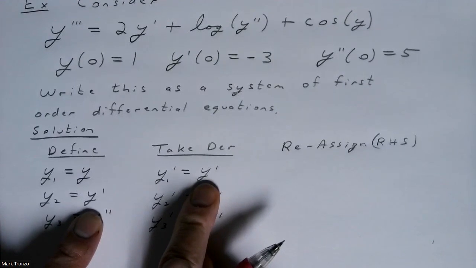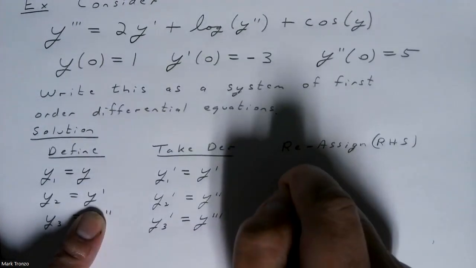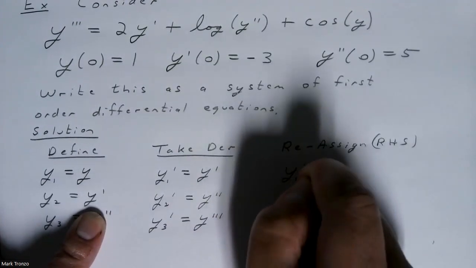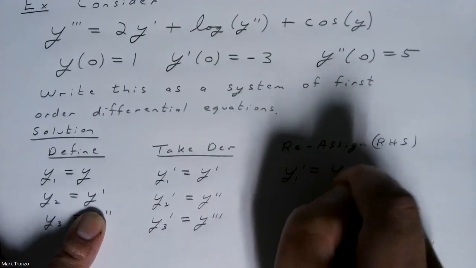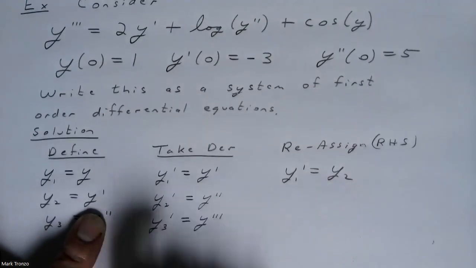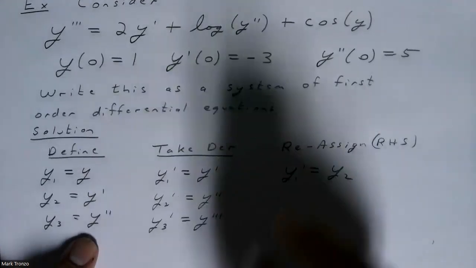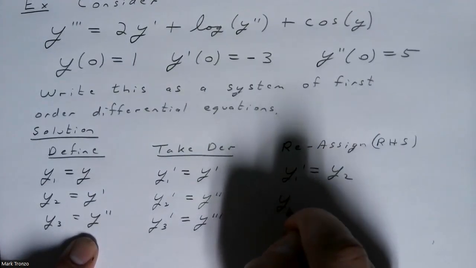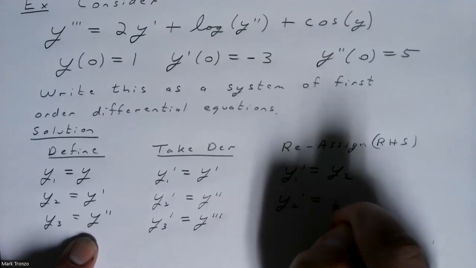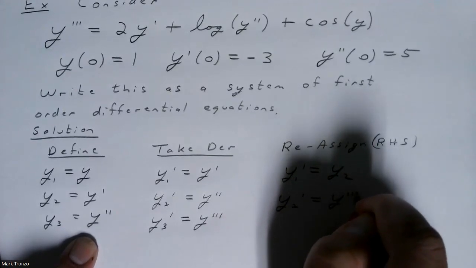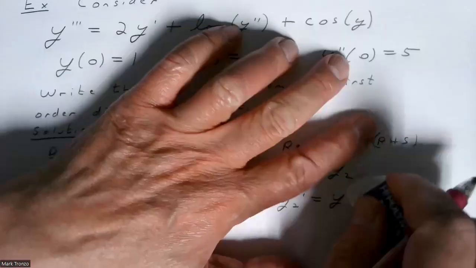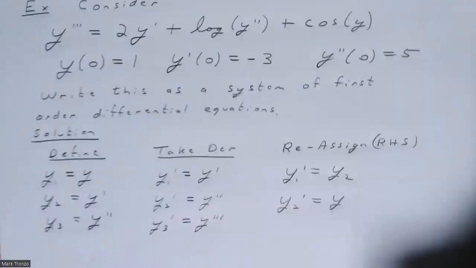So y prime here can be replaced by y2. And then the next one, y double prime here, can be replaced by y3.